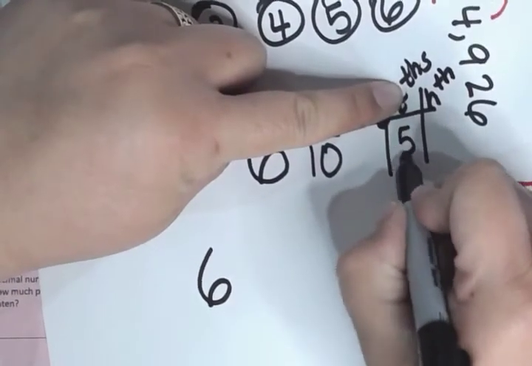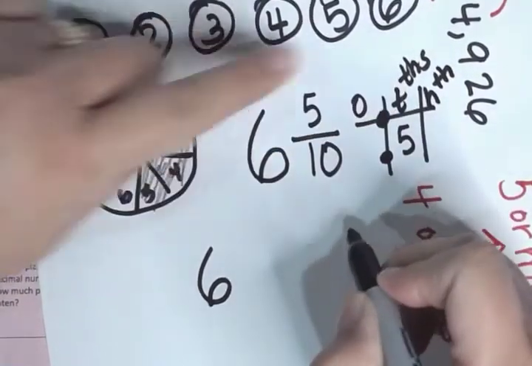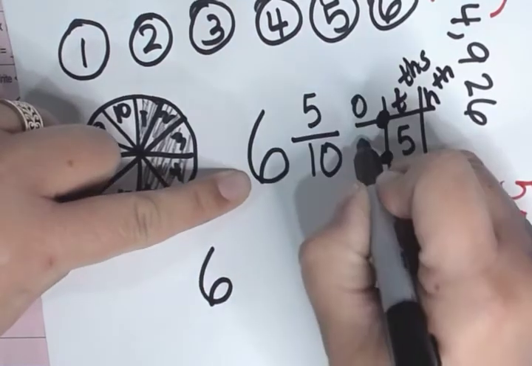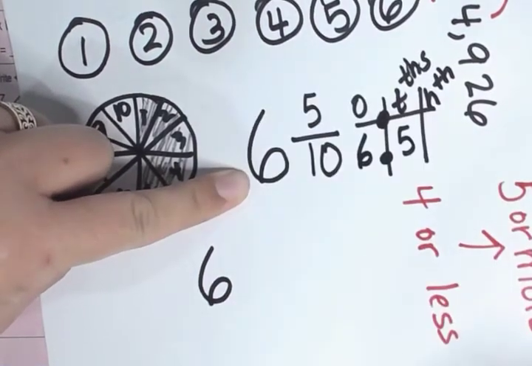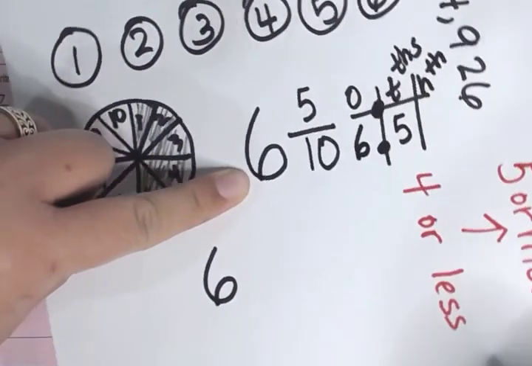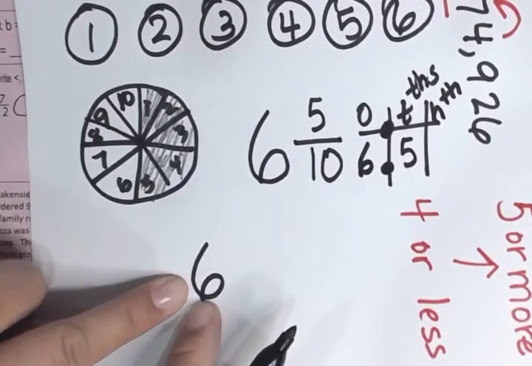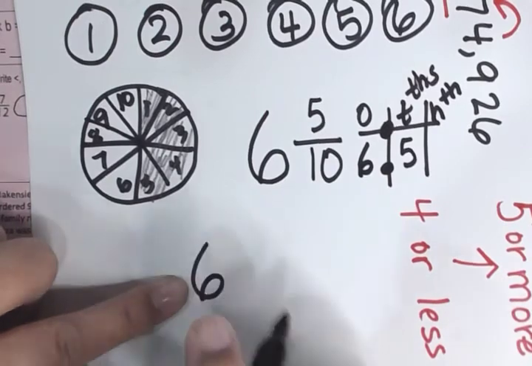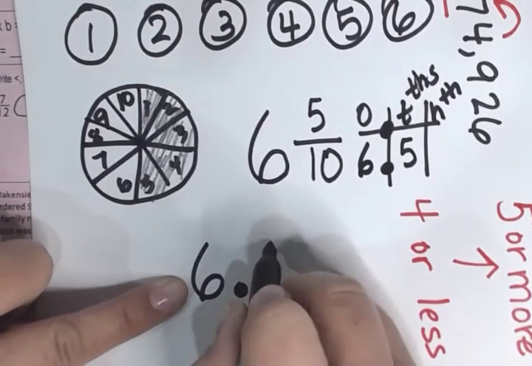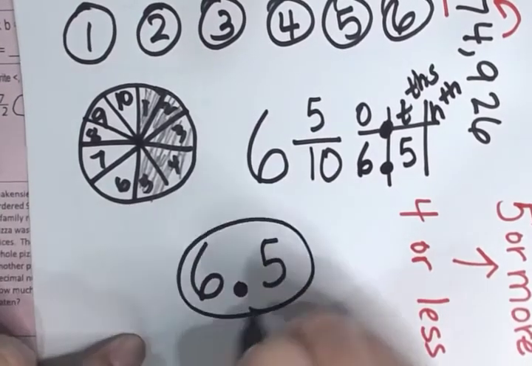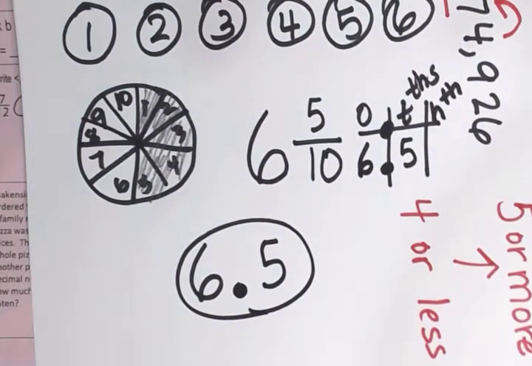So I'm going to write my 5 right there. There's my decimal. And then this is your whole number, your ones, 6. So that family ate 6 and 5/10 of the pizza.